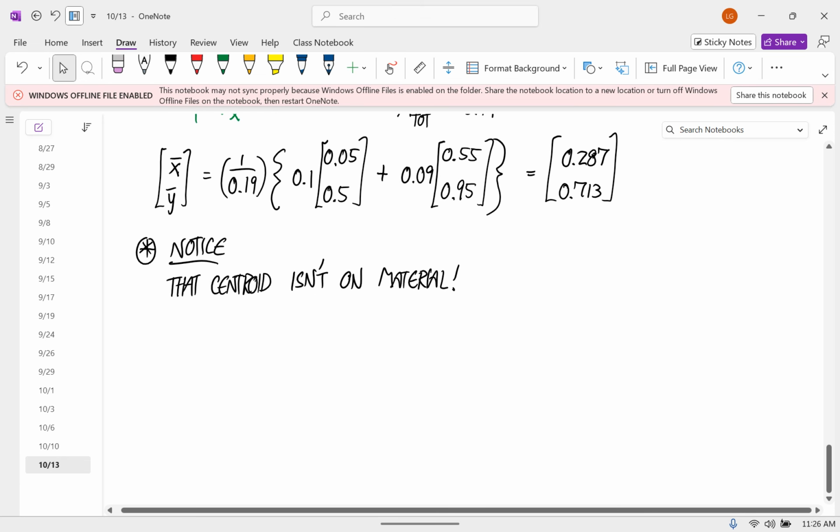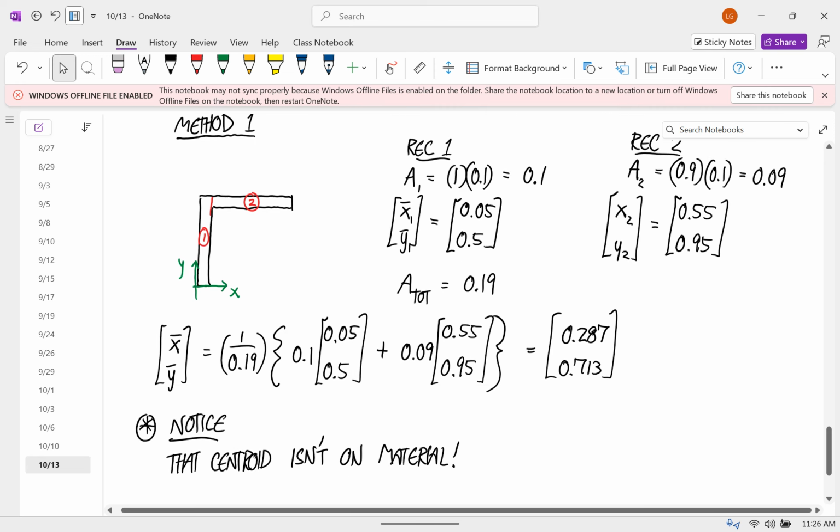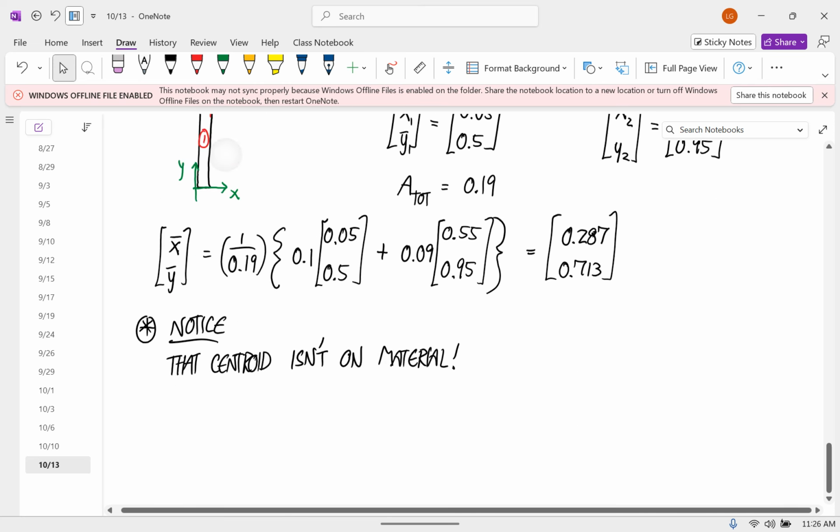Okay, so that's method one. I'm going to do that same calculation now, but I'm going to do it by thinking of it as a big outer rectangle and then removing a smaller inner rectangle.